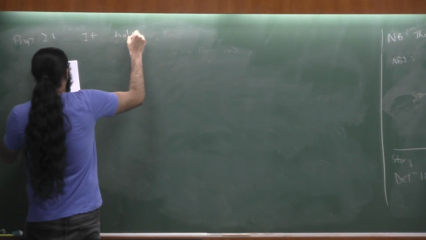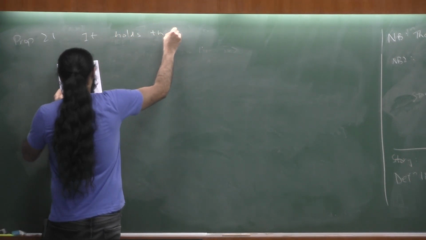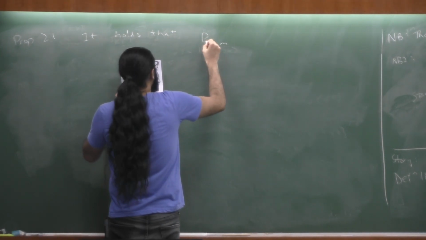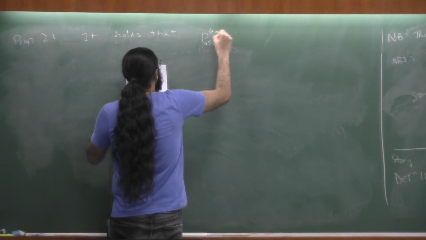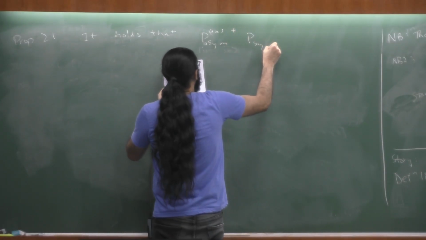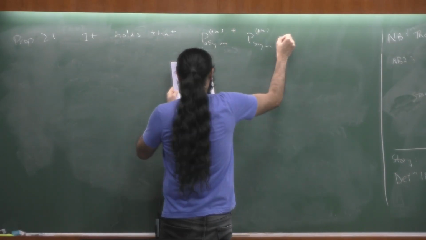Right, so here's a nice fun one which says that if you have P antisymmetric D,K dagger and you have P symmetric D,K, then this is going to be 0.